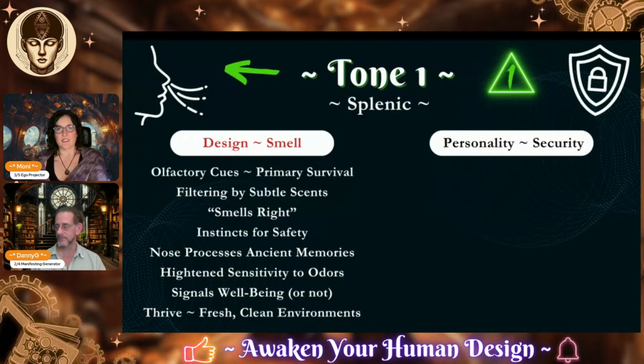Yeah, I find, because I actually have smell as my digestion determination, so it's like my main spidey sense, I'm definitely very scent aware, and I don't like fake fragrances. I love frankincense or essential oils, that kind of stuff, but fake fragrances are really weird.